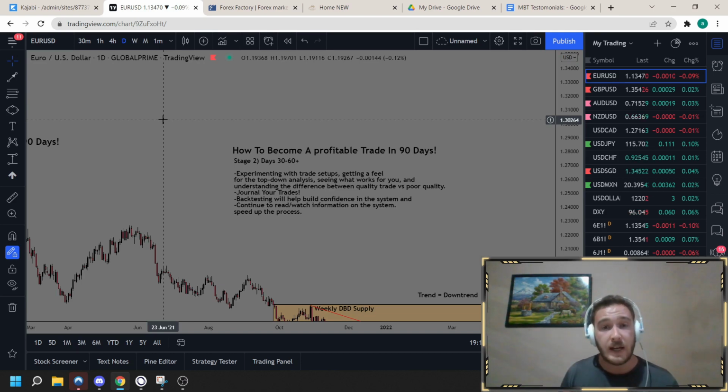Another thing that will help you build confidence is backtesting. This will help build your confidence in the system. Here is what I mean. If you have one trader who is just following another trader blindly, without actually backtesting or investing in a program or fully learning the system, and system jumping and all that, they're not going to have the same belief system as somebody who actually backtests and understands the stats behind it.